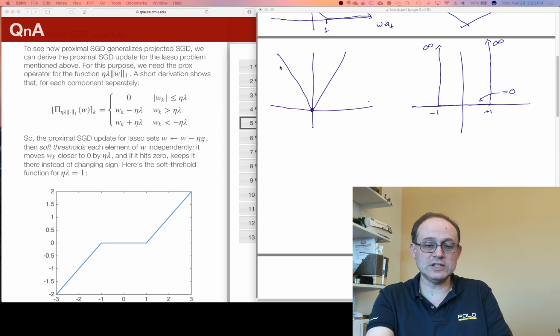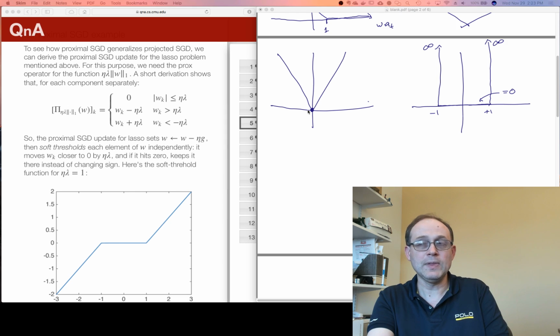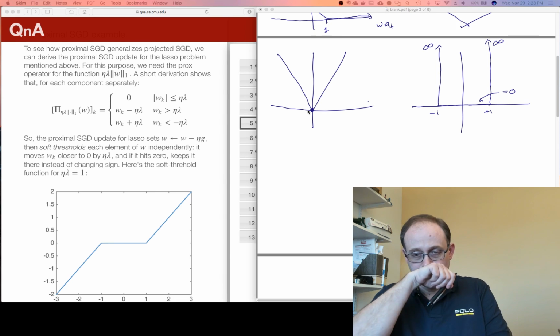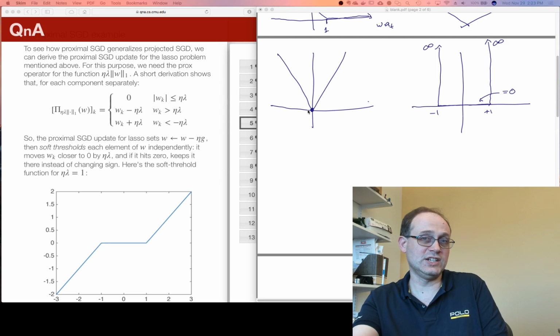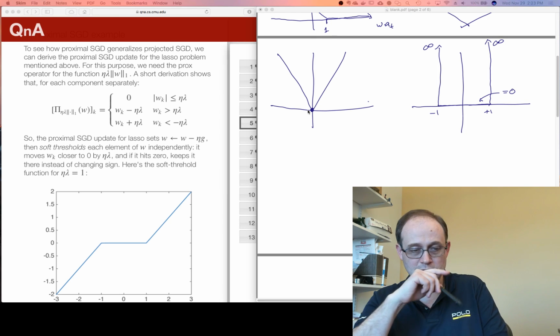This is the one norm in one dimension, and you can see it's encouraging the weight vector to be 0, not forcing it, but encouraging it. And in many dimensions, the one norm basically encourages all of the components to be 0, and only the ones that have sufficient incentive to move away from 0 will do so.